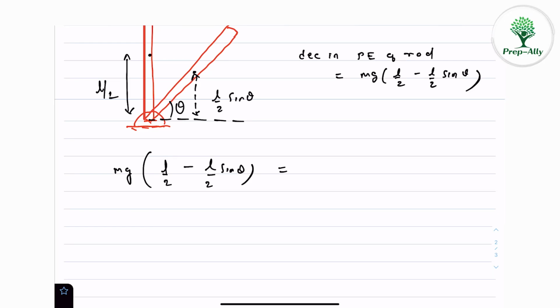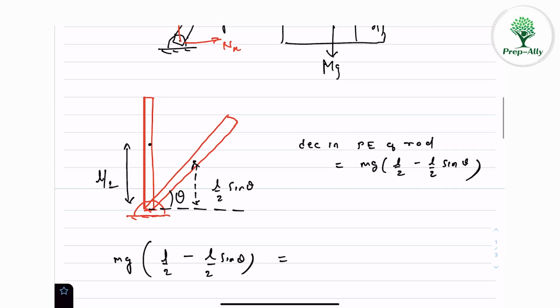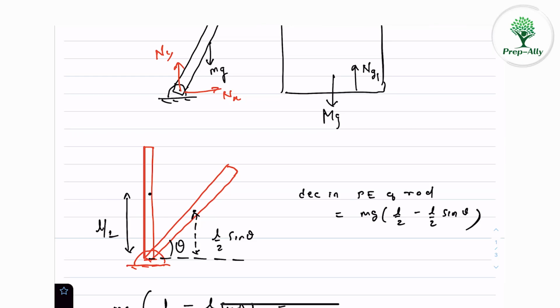We can't simply conserve the mechanical energy of the rod alone, because if you take only the rod as a system, the block will apply a normal force N1, and this normal force from the block is doing negative work and extracting some energy.